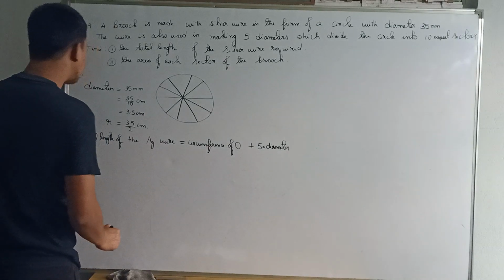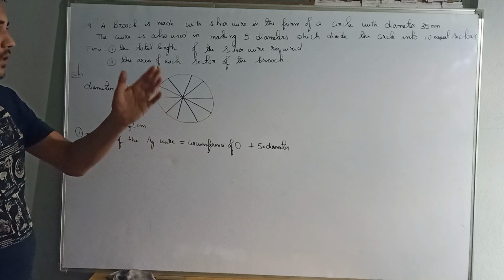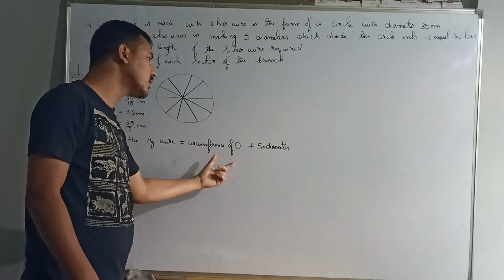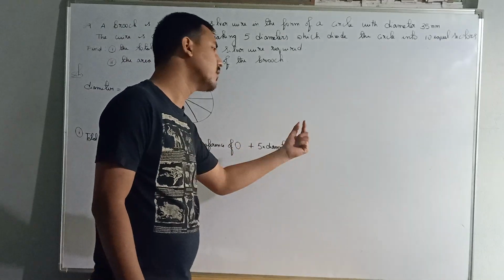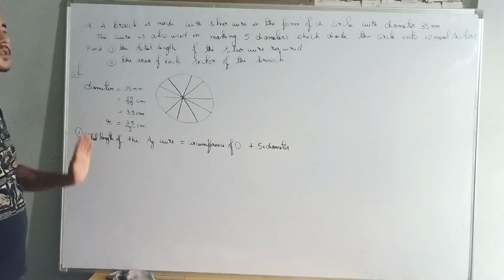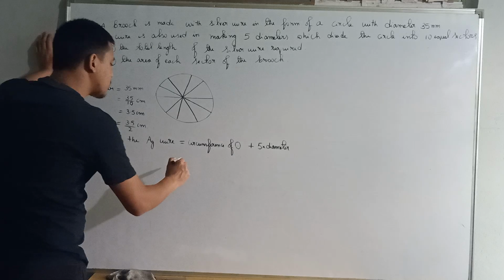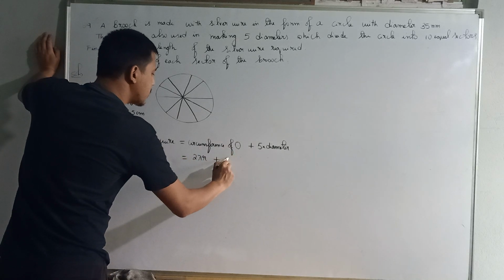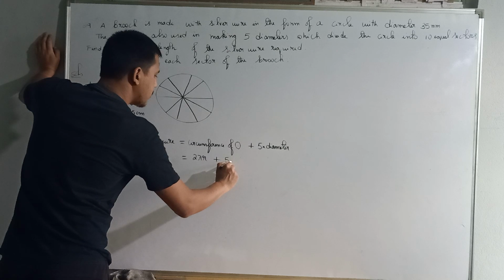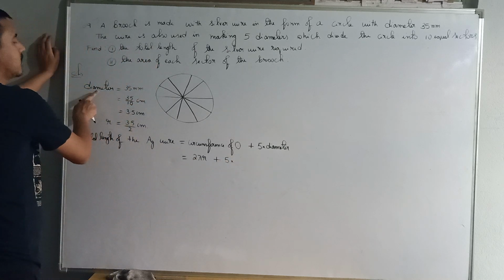Yes. So total length of the silver wire means the length of the wire used in making the circle plus the length of the wire used in making 5 diameters of this circle. So circumference of circle, 2 pi r, plus 5 diameters, so 5 into diameter.